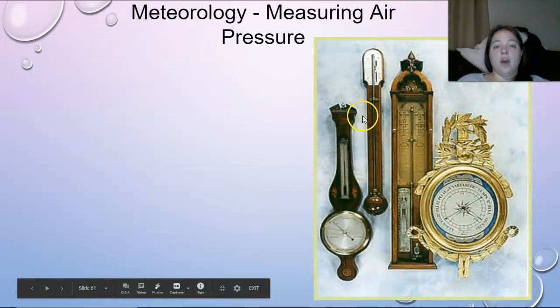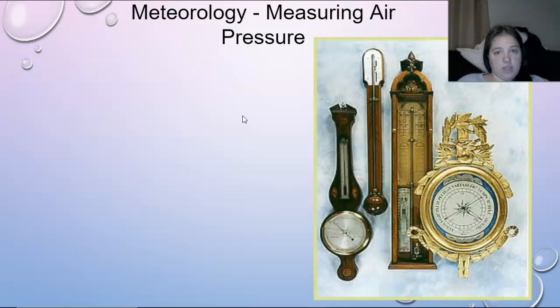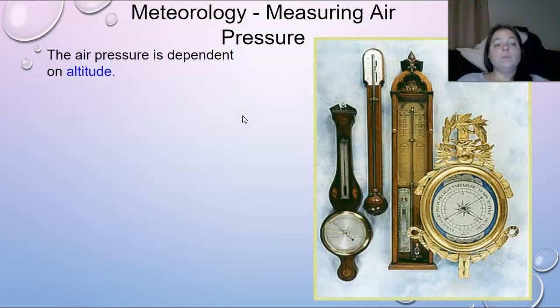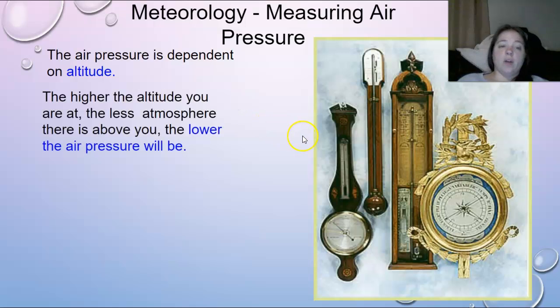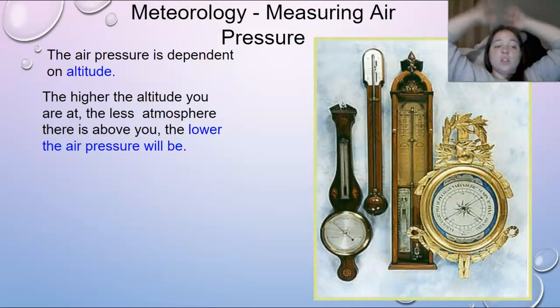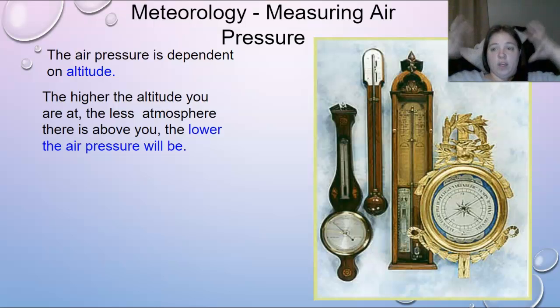All right, and now how do we measure this thing? Well, air pressure is dependent on altitude, how high up you are. The higher the altitude you are at, the less atmospheric pressure is around you, the lower the air pressure will be. So you have less atmosphere as you go up, which causes less air pressure on you. It doesn't press on you as much.